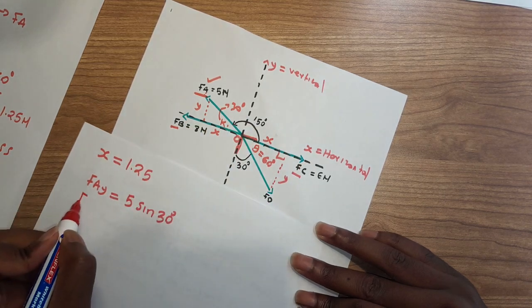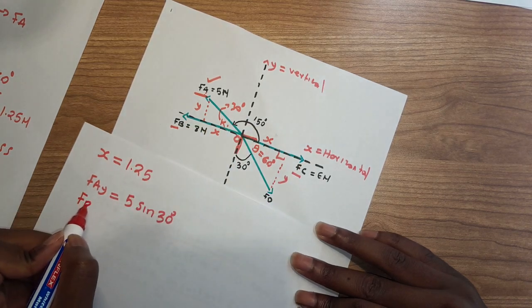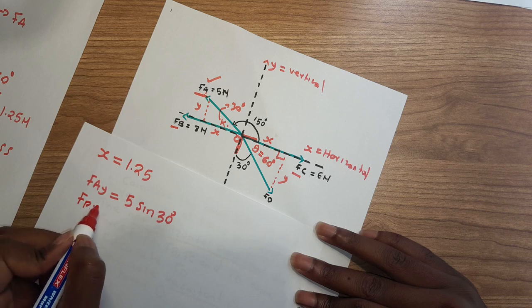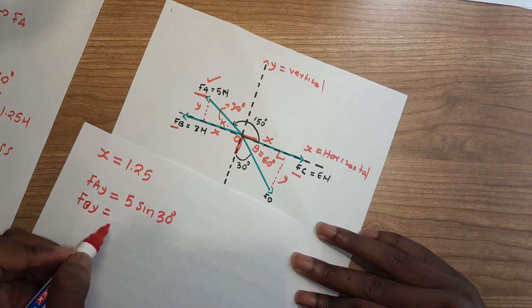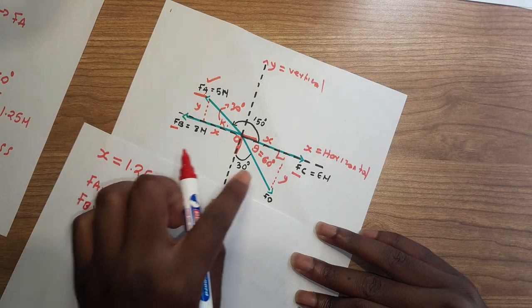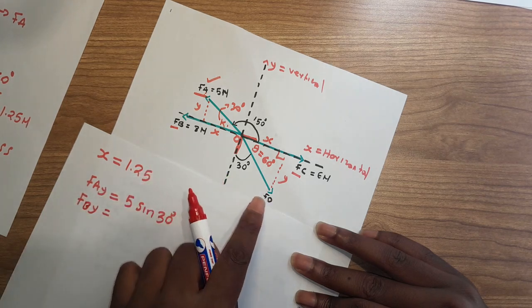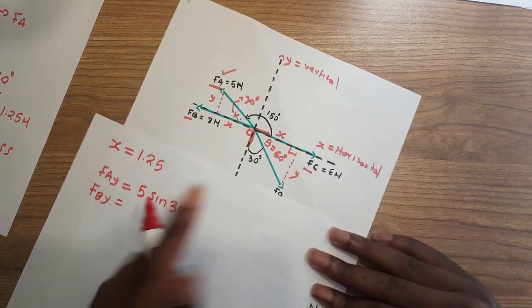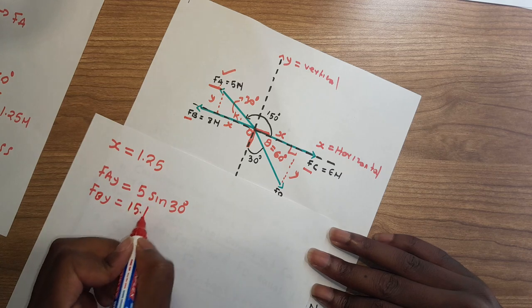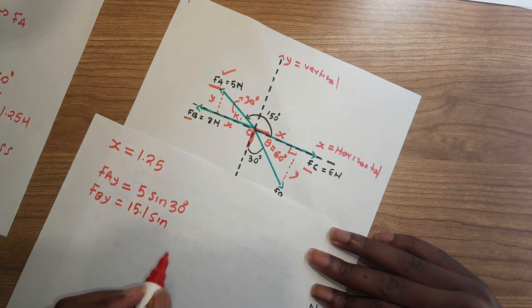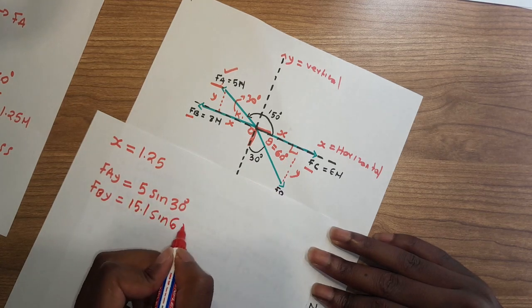Now let's find the y component of FD. The y component of FD is going to be, what is FD again? We've just found that FD is 15.1, times the sine of 60 degrees.